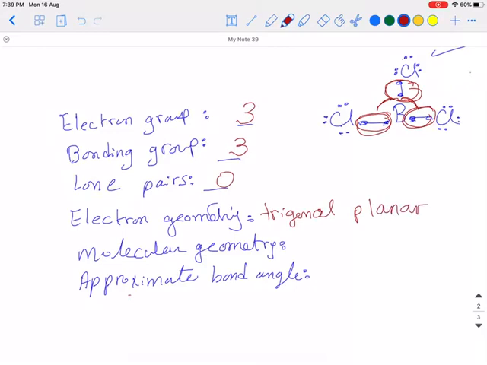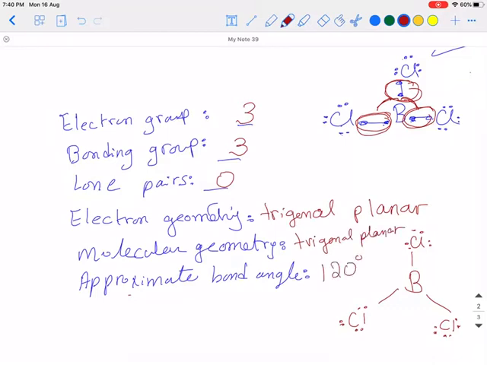If I want to draw it, it should be like this, such that to minimize the repulsion between the electron pairs. So this is the maximum that could be away from each other. So the molecular geometry is also trigonal planar, and they have angle 120 away from each other.